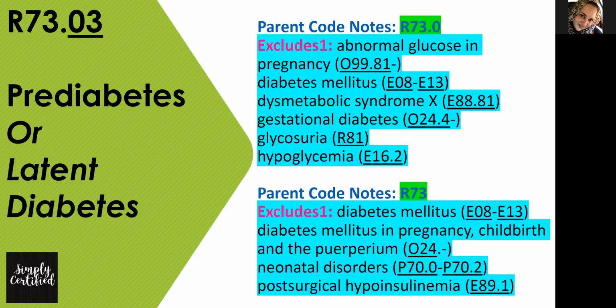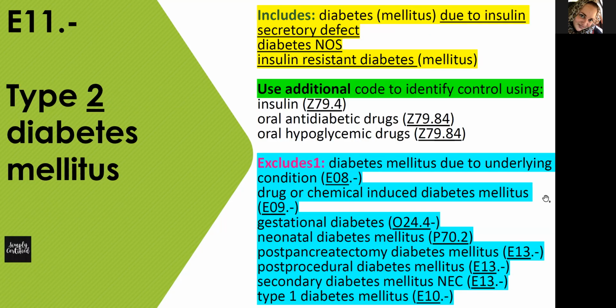Glycosuria, that means sugar in your pee. That's kind of obvious. If your blood sugar is high, you're going to have glucose in your urine. And of course, hypoglycemia, low blood sugar. High and low blood sugar is going to be an inherent part of being pre-diabetic. It's a symptom.